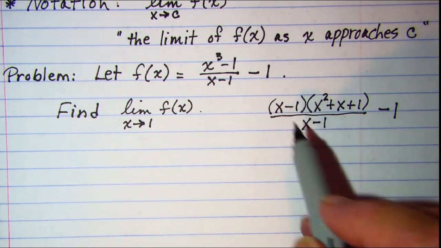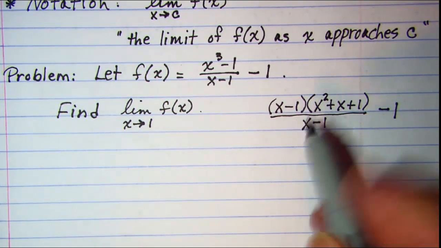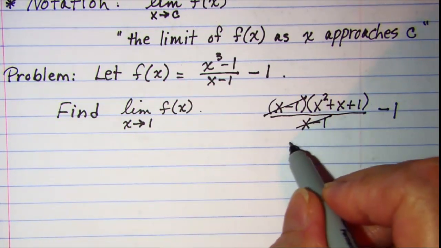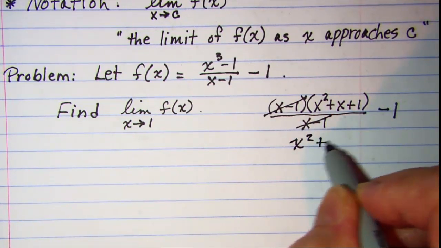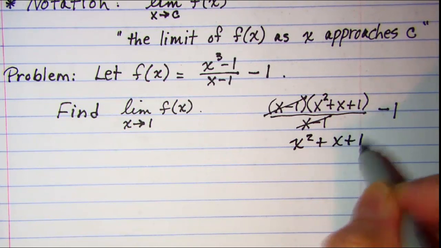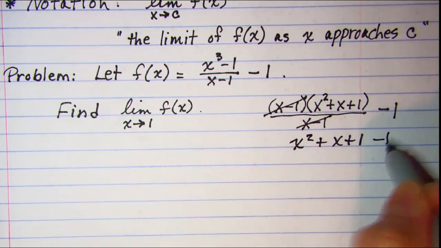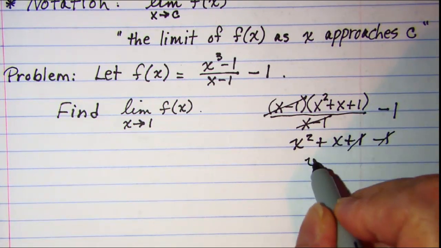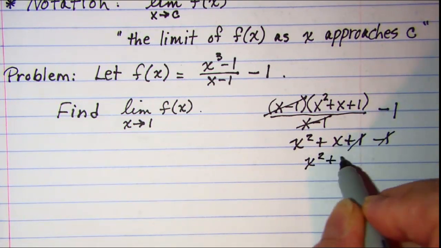So that discontinuity, that hole, is going to cancel off, and I'll have x squared plus x plus 1, and then minus 1, and the plus 1 and the minus 1 cancel, and I have just x squared plus x.